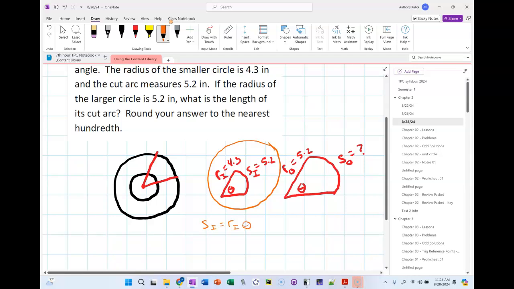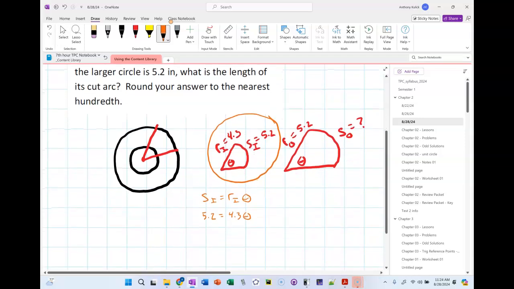And I could use either of my arc length formulas, but I'm going to use the one that's in radians because, boy howdy, that's a lot simpler. So if I just divide both sides by 4.3, there's my theta.